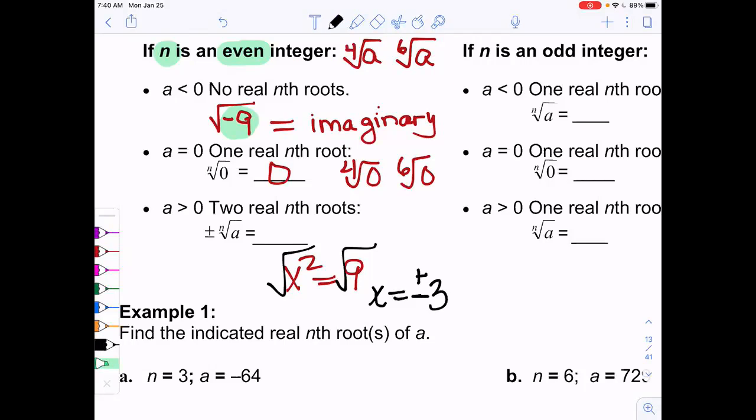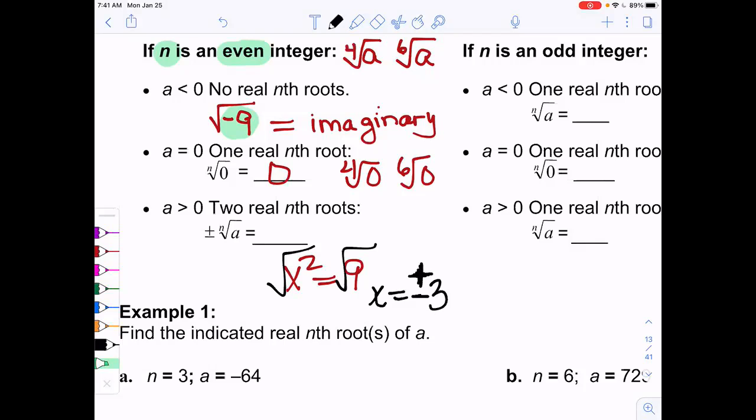Remember we said plus or minus anytime we take a square root. So positive 3 times positive 3 makes 9, but negative 3 times negative 3 also makes 9. So anytime you take an even root, a square root, a 4th root, a 6th root, there must be a plus or minus in front of that radical.